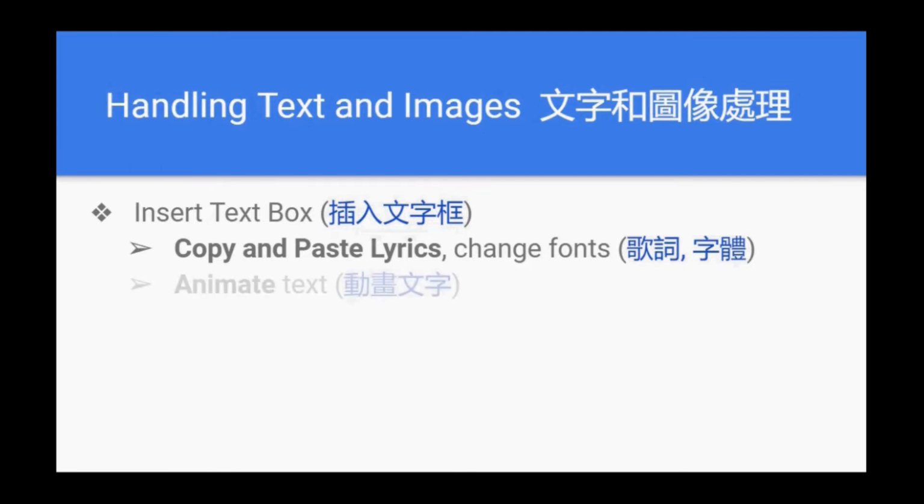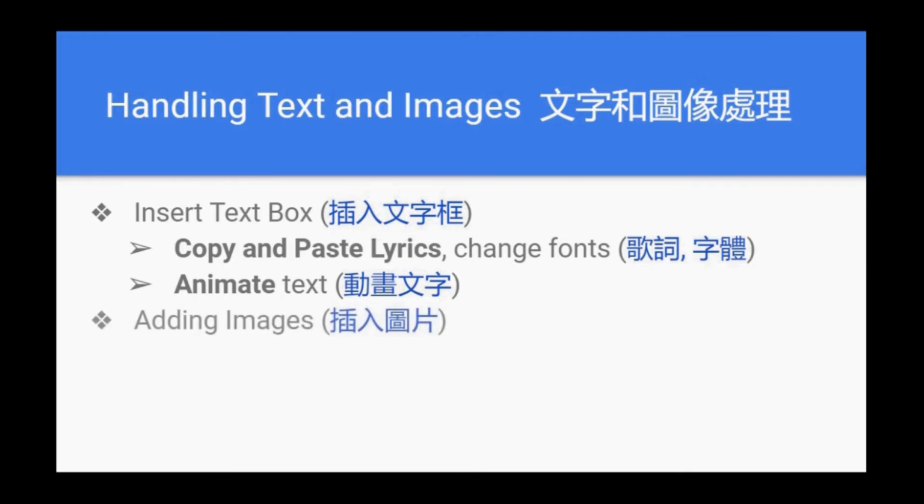Also, we want to see how we can animate our lyrics too, because when we display the lyrics, we do not just want to give a blurb of the whole paragraph. We probably want to display line by line. And after that, then we have to add images, of course, and the display of a music video is all about images and text, and how you can find a theme or a mood that best fits your song is the creativity.